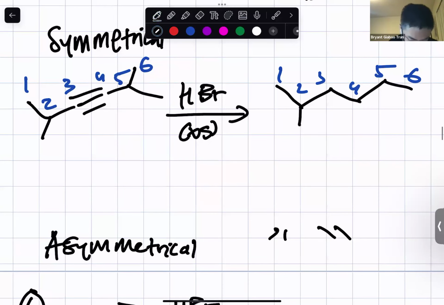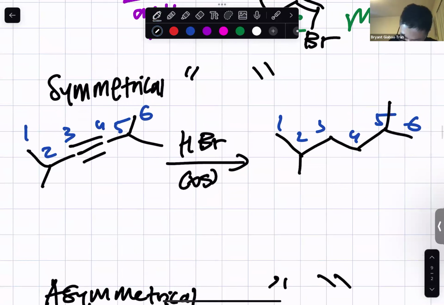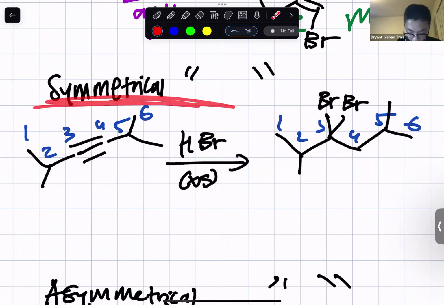Right? Carbon 2 had a methyl. Carbon 5 had a methyl. Let's put it on 3. 1-1 relationship, geminal dihalide, because this is HX, not X2. If we put the bromines on carbon 4 instead, that's the exact same thing. It's just flipped and rotated because of the symmetry here.